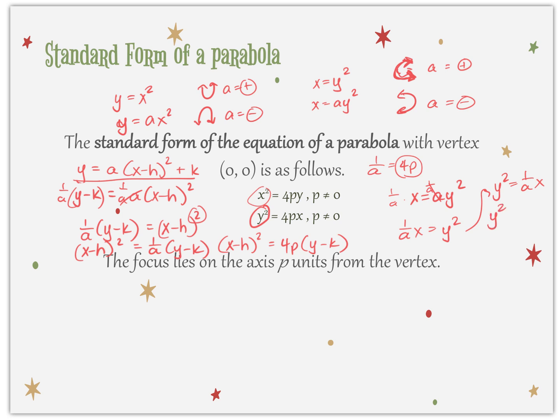And again, we know that 1 over a is 4p. And so again, we end up with this. So once again, I'm just kind of describing how this happens. How do we get this 4px? But again, remember, this is your parabola that goes up or down, and these are your parabolas that go to the right or to the left. And now, again, we'll really go into detail on how to do it. It sounds much more difficult than it is.